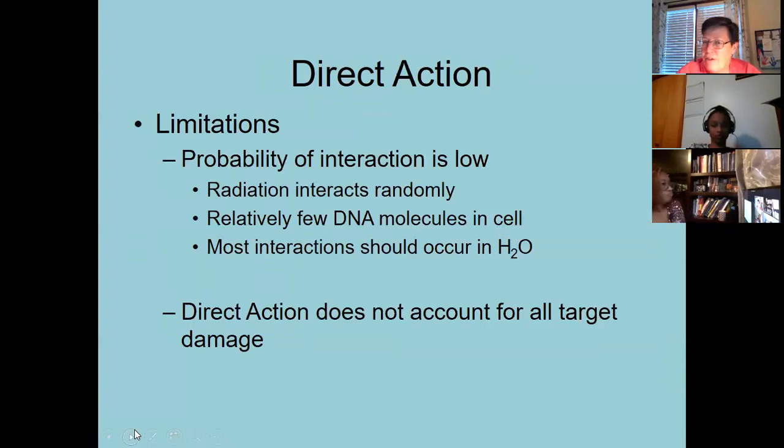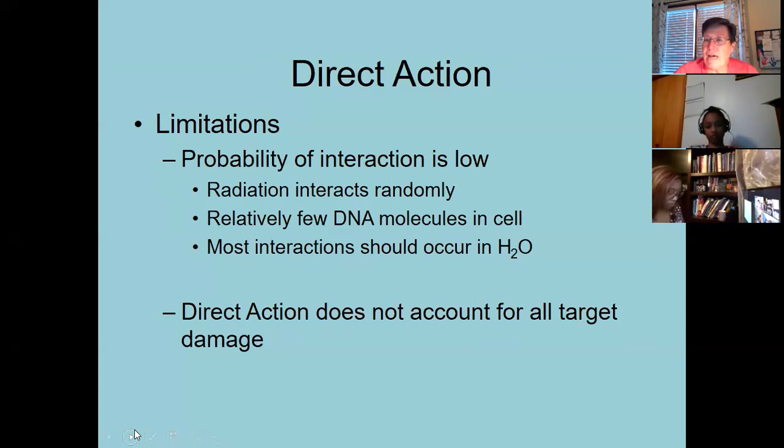Now, they figured out direct action in the 1920s and they've studied it ever since. And what they found pretty early on is that direct action cannot be responsible for all of the biological damage done by the radiation. And here's why.